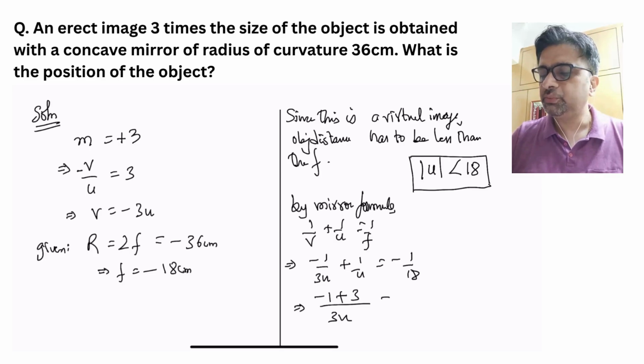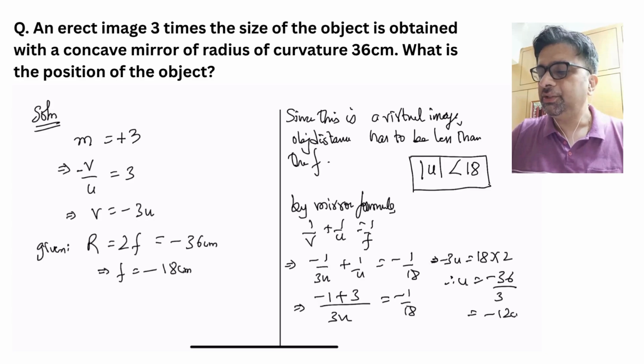This comes to minus 1 plus 3 by 3u is equal to minus 1 by 18, and we have 2 by 3u is equal to minus 1 by 18, and therefore u comes to minus 36 by 3, which is minus 12 centimeter, and is indeed less than 18.